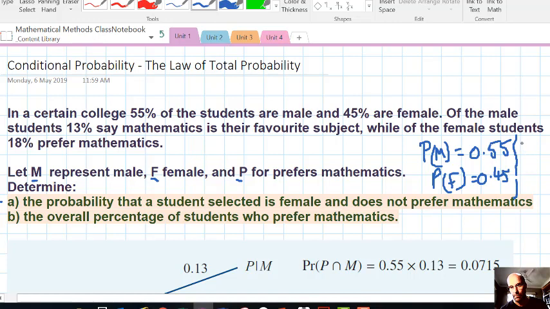Okay. And the probability of preferring maths, given that the person is a male, is 13%, because it says of the males, 13% say maths is their favourite subject. So probability of the preference given male equals 0.13.